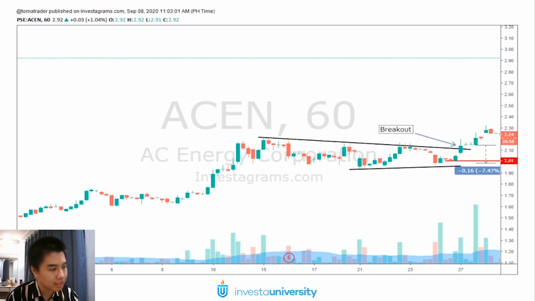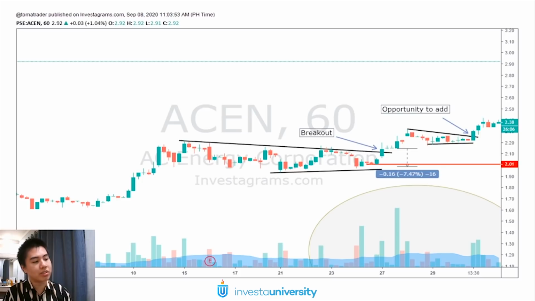And then, as we can see, if we move forward, it also gave us, again, yung continuation patterns is not only a way for us to get into stocks where we missed the first big move, also gives us an opportunity to add to our positions. Right? Because the hallmark kasi of the books I read is the hallmark of a great trader is someone who can not only sit on their winning positions, but someone who can have the conviction to put a good amount of size in it.